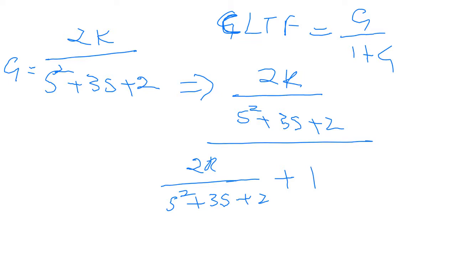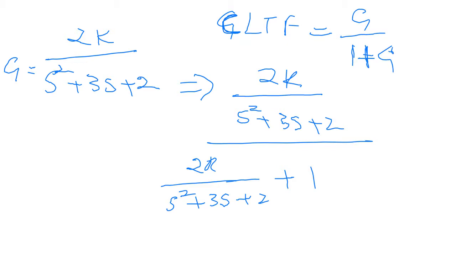Wouldn't it be easier to put 1 as s squared plus 3s plus 2 over s squared plus 3s plus 2? Easy in terms of what? For calculation purposes, sir? No, what I'm doing is going from first principles.